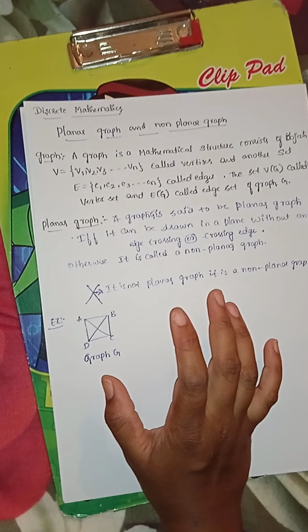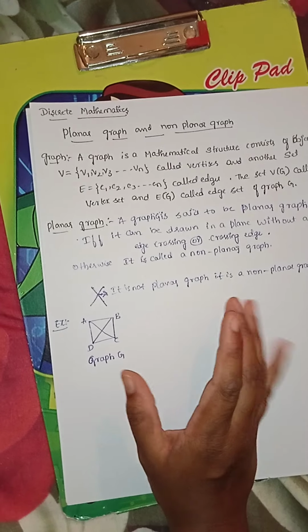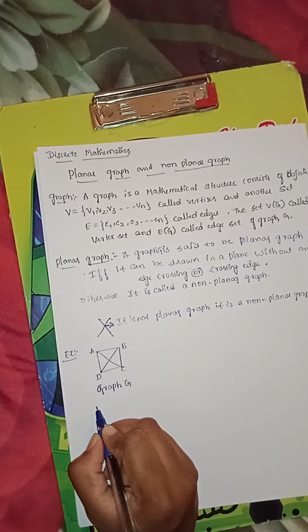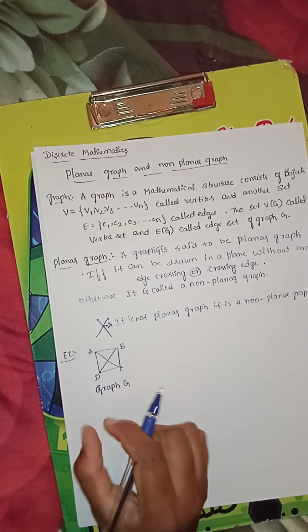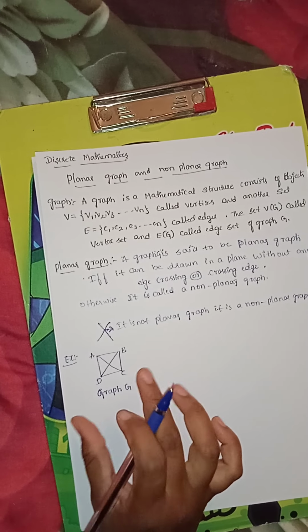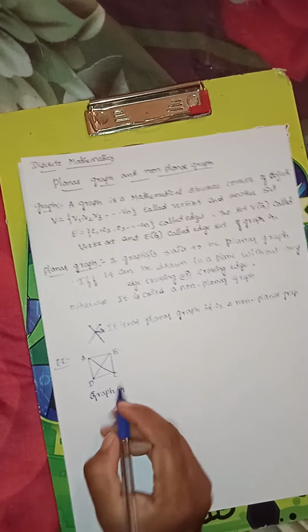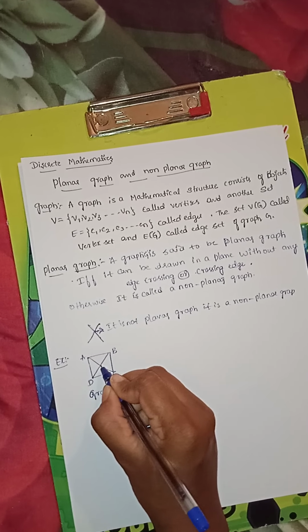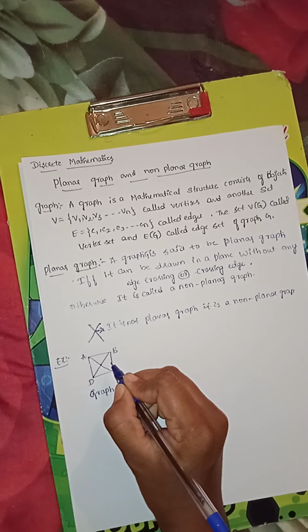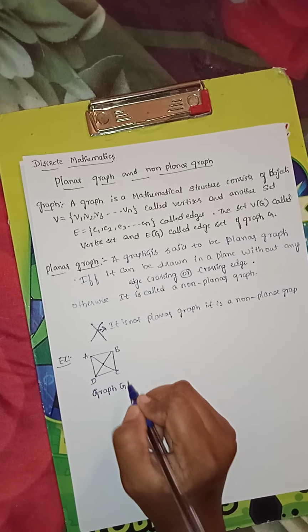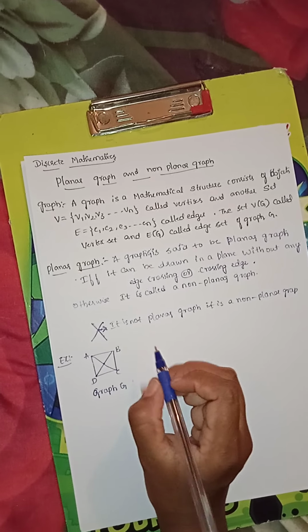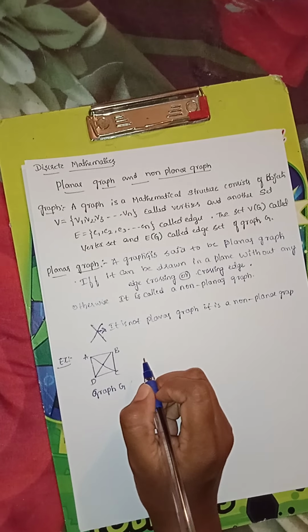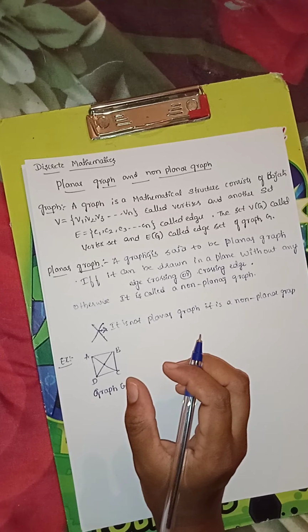This graph contains 4 vertices and 6 edges. The given graph G is a non-planar graph because the edges A-C and D-B are crossing each other. A planar graph can be drawn in a plane without any edge crossing.